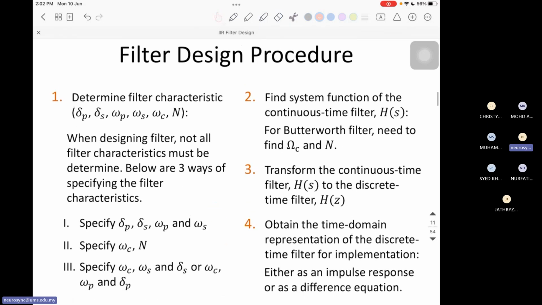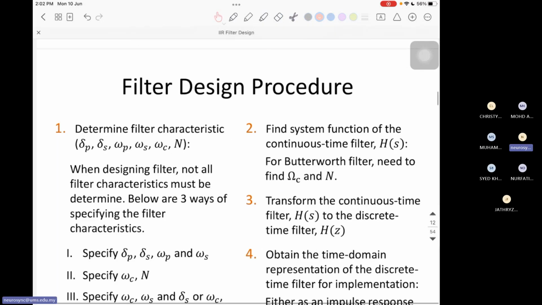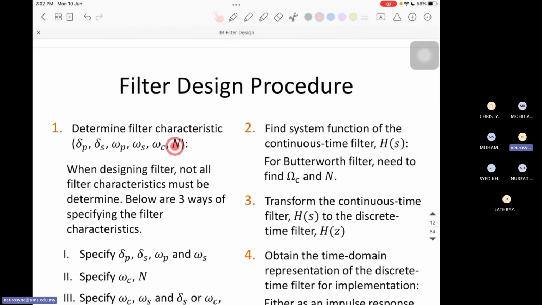Now we will go through the filter design process. We know the characteristics of the non-ideal filter. How many characteristics should be mentioned for the non-ideal filter? We will have the stop band frequency and the pass band frequency, that is the edge frequencies, the stop band ripple, the pass band ripple, then the order of the filter, capital N, and the cutoff frequency of the filter.